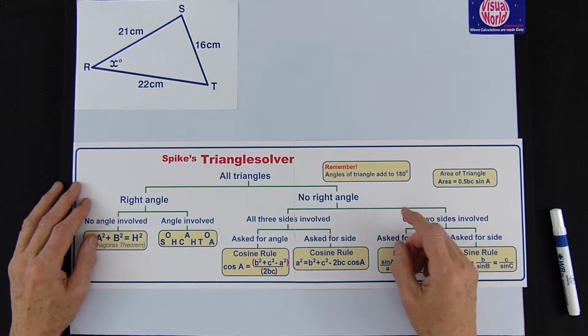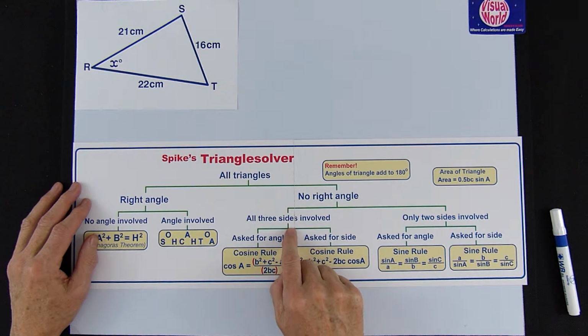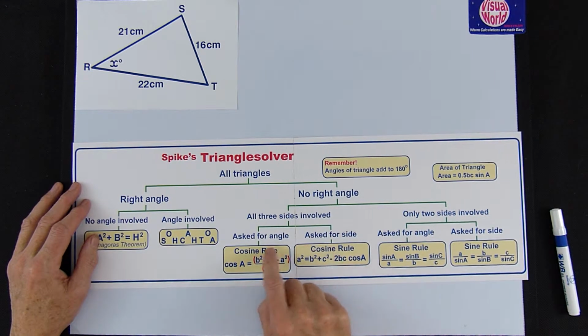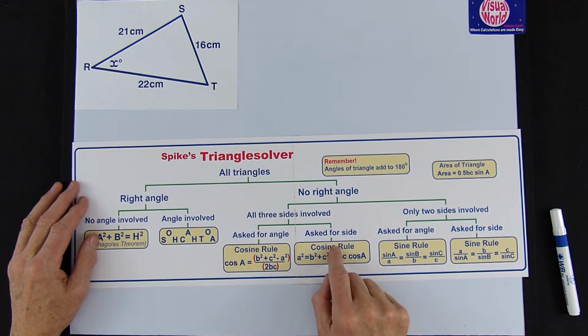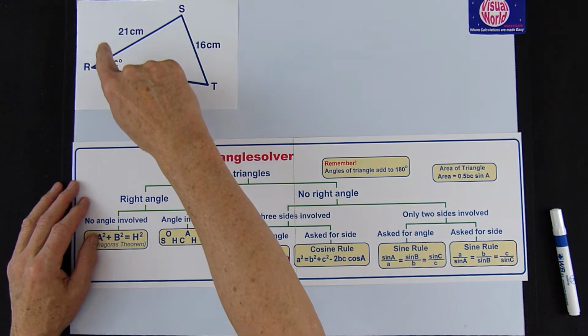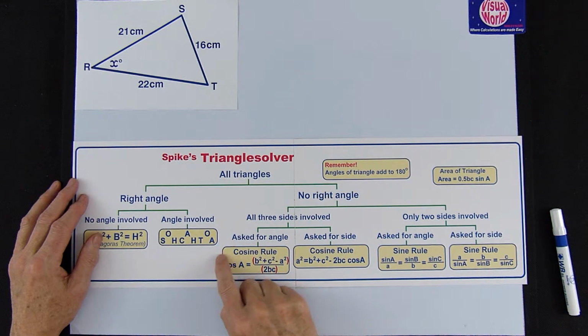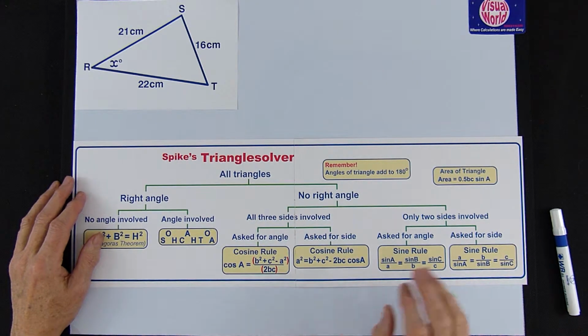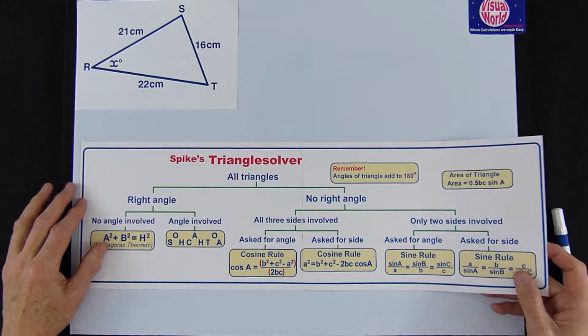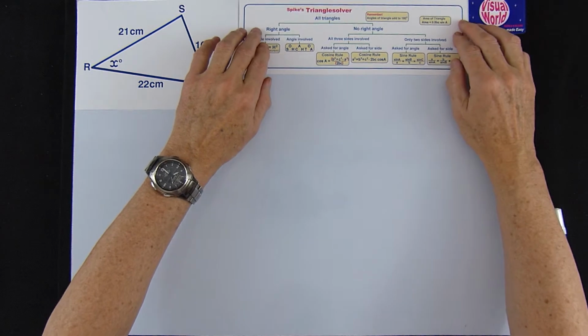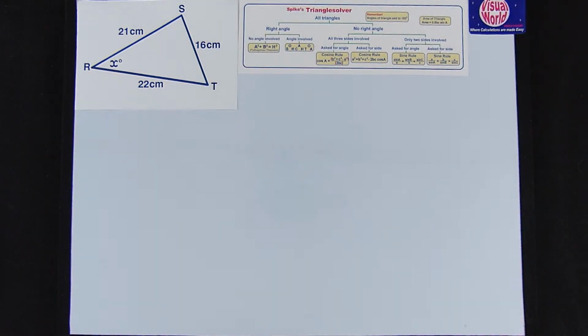So that means all three sides are involved, and that means it's one of the versions of the cosine rule. The x is on an angle, so we're asked for the angle, therefore that is the one we're going to use. I'm going to put my big one away and we'll bring the wee one in, which I'm just going to set up the top here. Right, so we're ready to start.